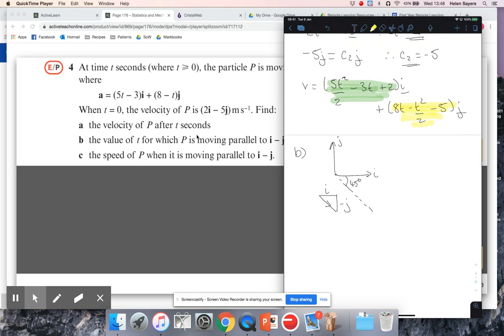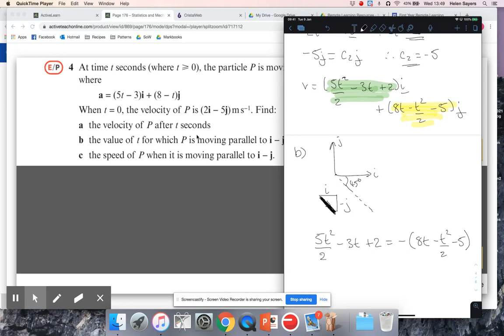So when does 5t squared over 2 minus 3t plus 2 equal the negative of 8t minus t squared over 2 minus 5? Okay, so that's what they're saying. When is it moving parallel to i minus j? So when is it moving in that direction?